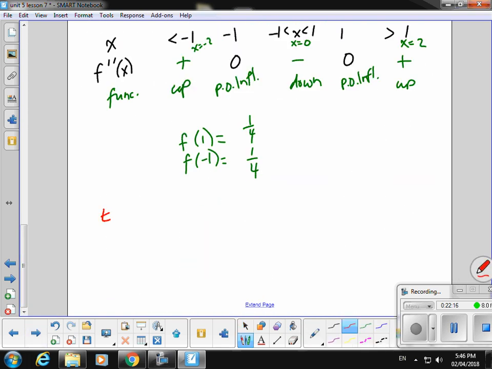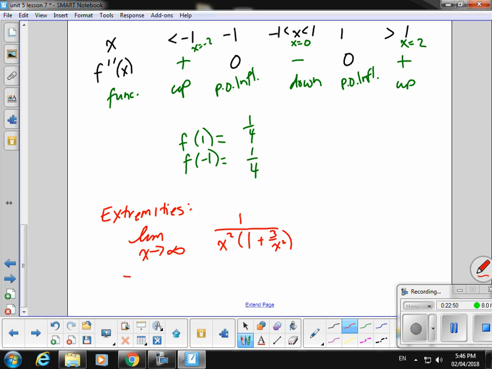For our extremities, we are looking for horizontal and oblique asymptotes. So we are looking as x gets really, really big. I am going to look at my function, and I'm going to factor out the largest power. I know there's not an oblique because it's not 1 degree higher. 1 plus 3 over x squared. 3 over x squared gets closer and closer to 0 as x gets really, really large.